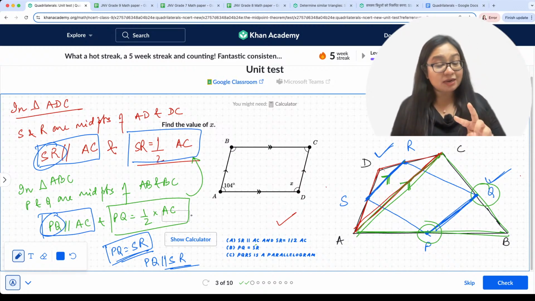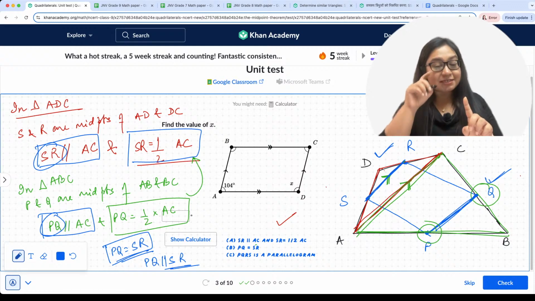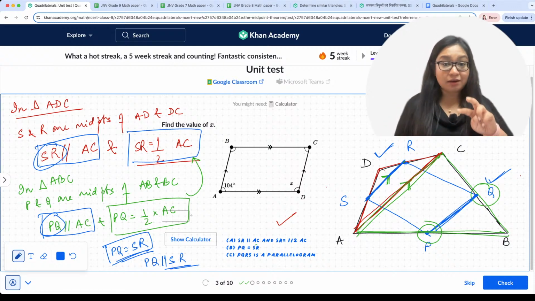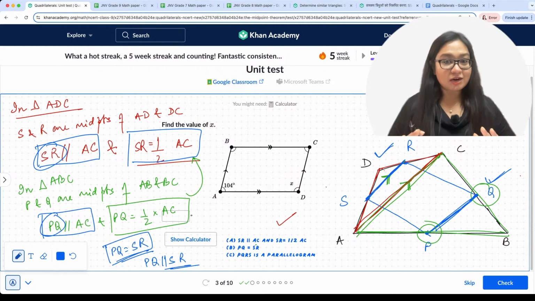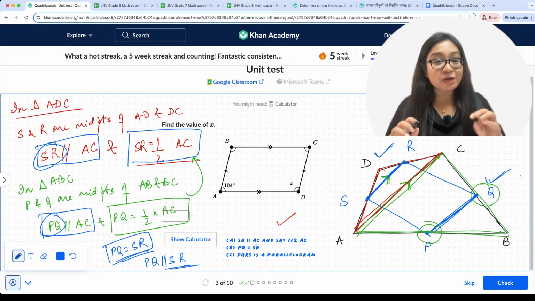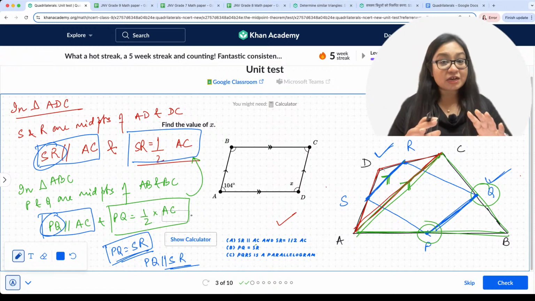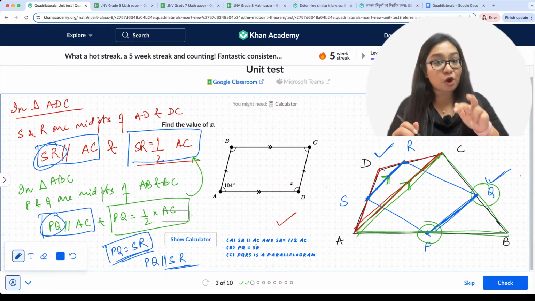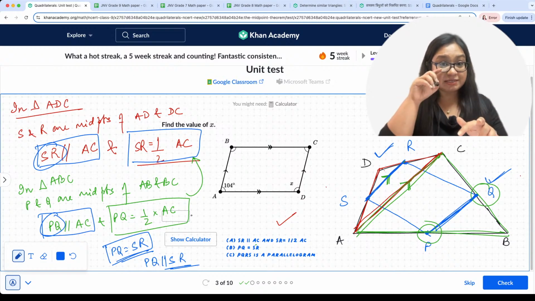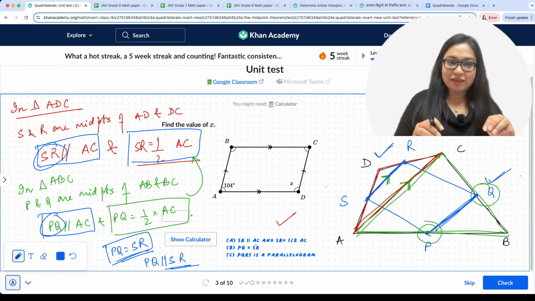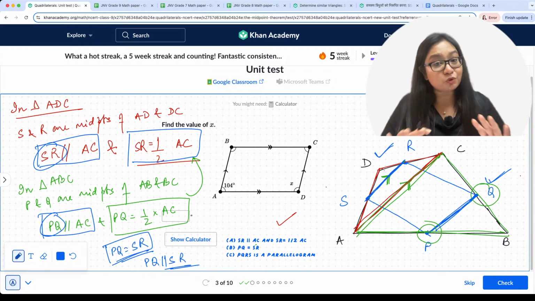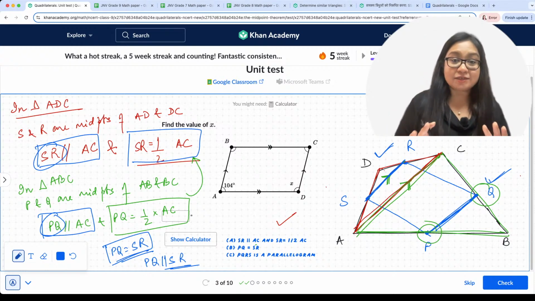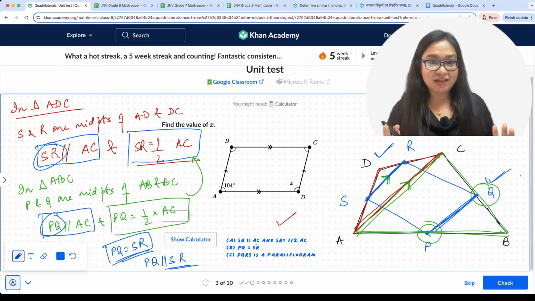If in a quadrilateral, one pair of opposite sides is proved to be equal and parallel both, then that is a sufficient condition for the quadrilateral to be a parallelogram. Meaning, if in any quadrilateral we prove that one pair of opposite sides is both equal and parallel, then that condition is sufficient to prove that the whole quadrilateral is a parallelogram.